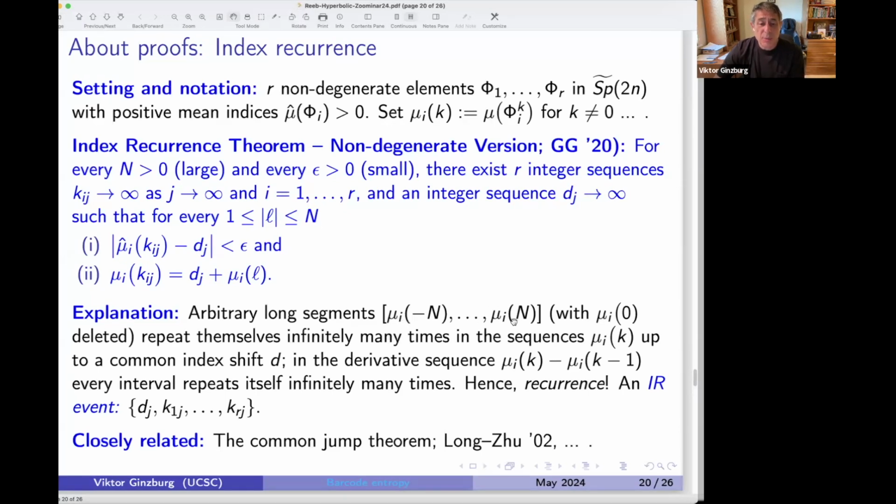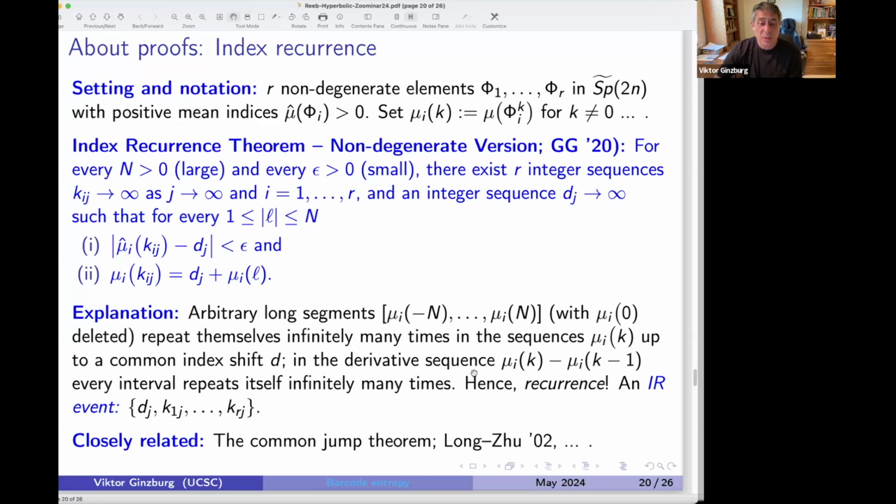So the point is that this arbitrarily long interval will repeat itself infinitely many times in the sequence of all indices. But of course, because the mean index is positive, it will grow. It cannot literally repeat itself. It will repeat itself up to a shift. And moreover, this shift can be taken the same for all linear maps in this finite collection.